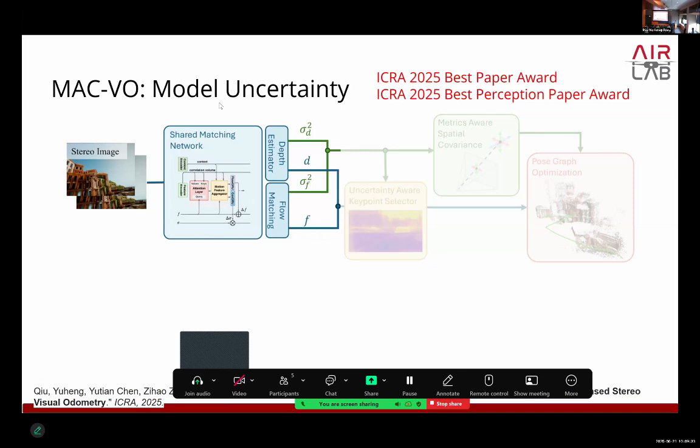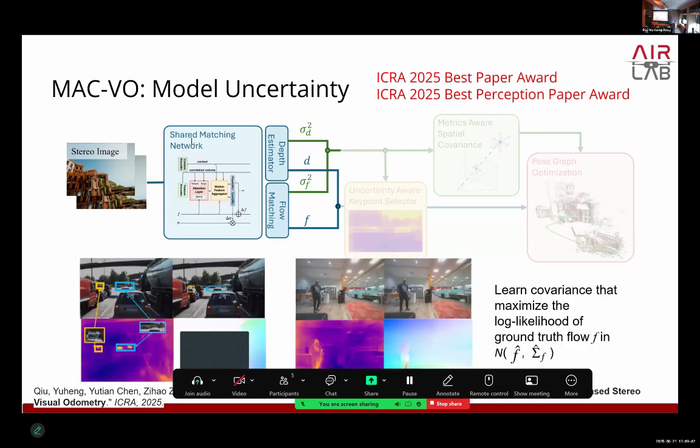We still use a dense correspondence flow network as the front end. The key difference is that we train a covariance estimation model to model the uncertainty of the matching result. This is also trained on TartanAir.